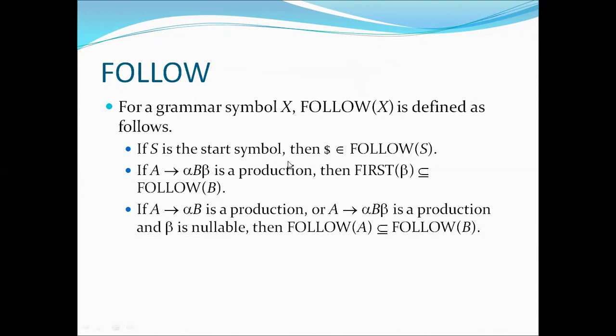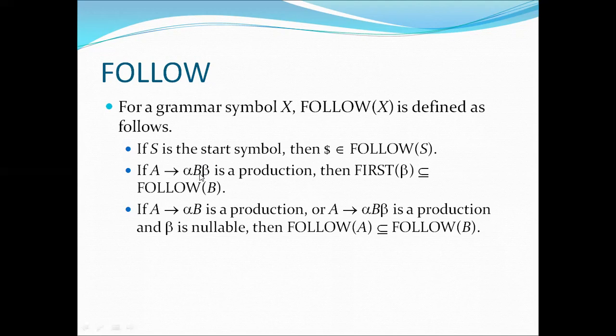So if S is a starting symbol, just include dollar in the follow of S. For any starting symbol, just include the dollar symbol in the follow. And here two things we need to check: if A is alpha B beta, a production like this. Always remember we need to check the right hand side.